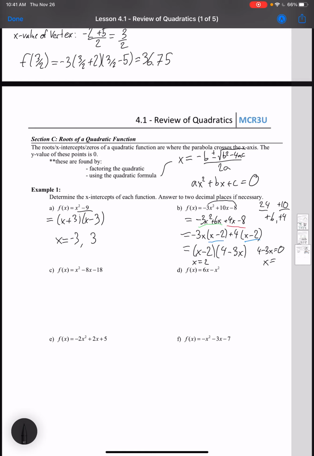When you solve that out, what you should get is, oh, sorry, it's not going to be negative 4 over 3. It's going to be positive 4 over 3, because you're dividing by a negative number. All right, so there is your solution to that one.